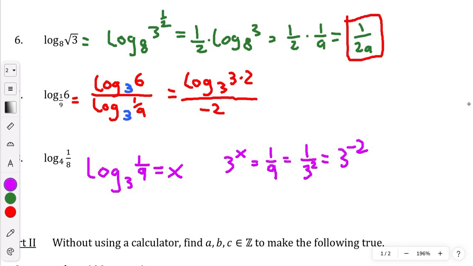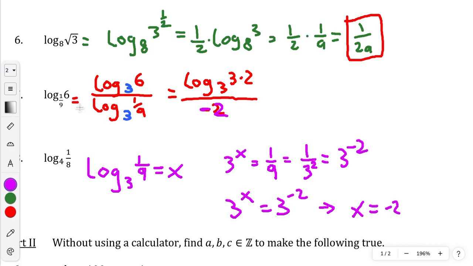Right? So what I'm trying to say is that 3 to the x is really 3 to the -2. And they're the same thing. And so, therefore, x equals -2. And that's how I got this right here.